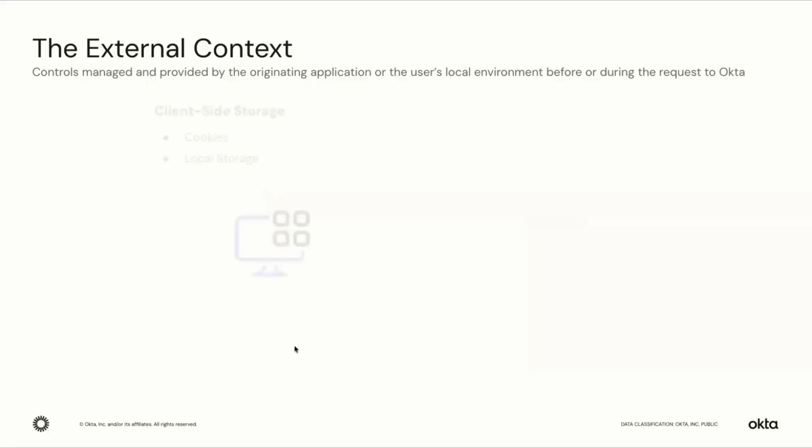When we talk about client-side storage, let's say that the user has some sort of preference stored in the browser in the form of a cookie or local storage. Okta can leverage this piece of information to style the widget as well. That's why you're seeing that here as part of the external context.